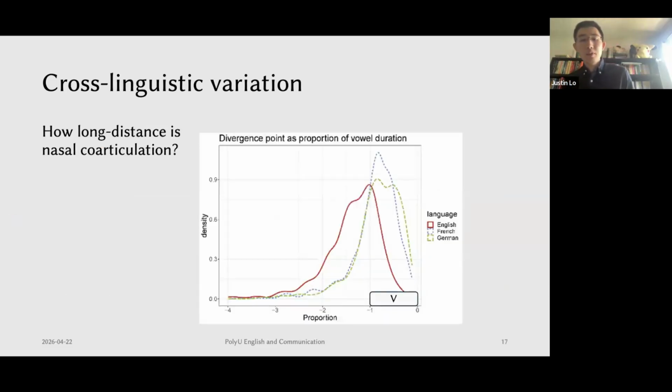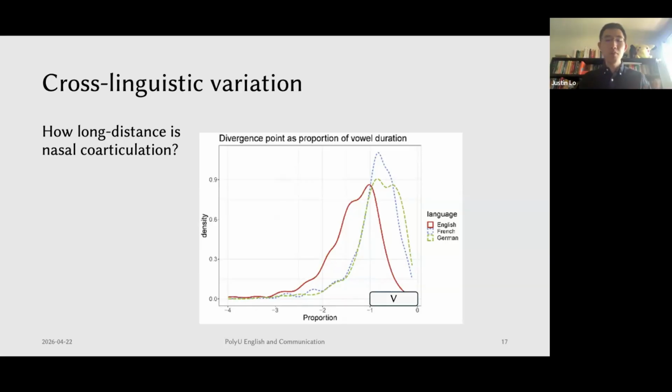If we're thinking about it in terms of units, so how much of the vowel is nasalized, we can look at this from a slightly different angle. This is the same data, but plotted in terms of the proportion of the vowel. From 0 to -1 would be the duration of the vowel itself.